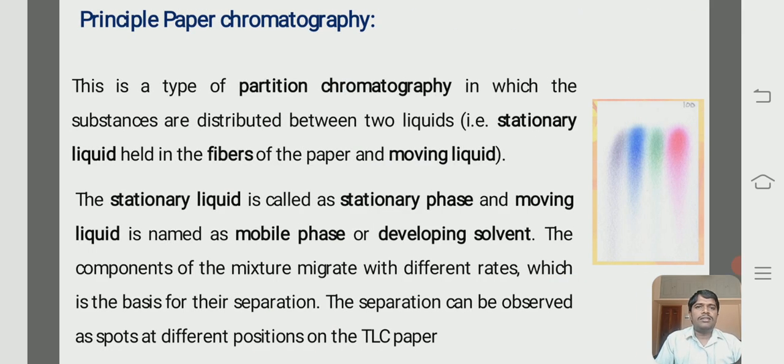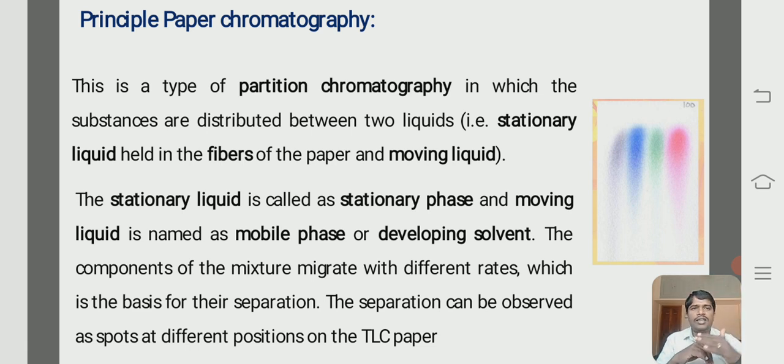What is the principle of paper chromatography? This is a type of partition chromatography in which the substances are distributed between two liquids, that is a stationary liquid which is held in the fibers of the filter paper, and another one is a moving liquid, that is a mobile phase.